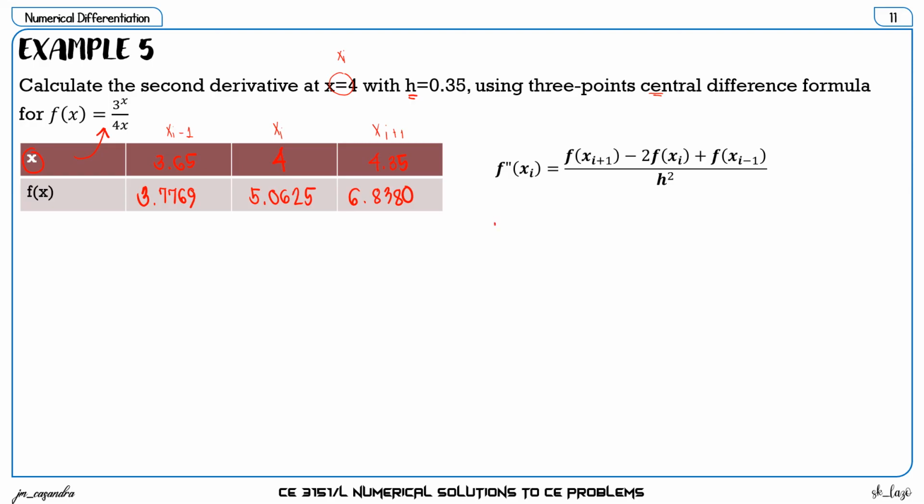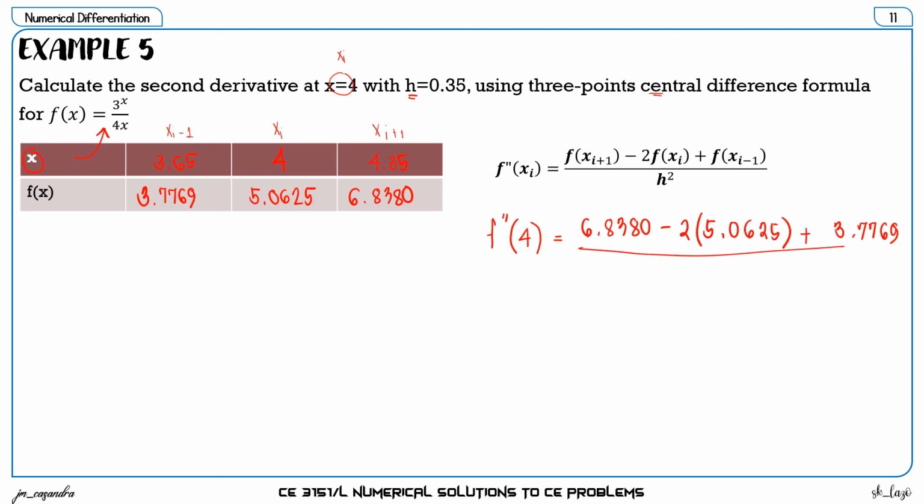So the second derivative at xi equal to 4 is equal to the function of x plus 1, minus 2 times the function of x sub i, plus the function of x i minus 1, that is 3.7769.